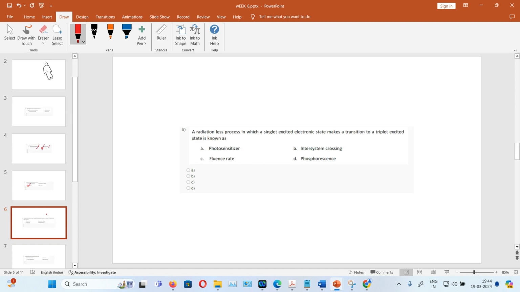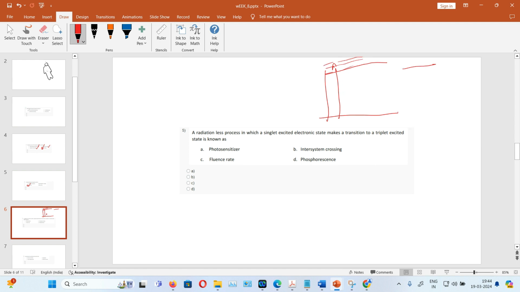Okay. A radiationless process in which the singlet excited electronic state makes a transition to a triplet excited state is known as... We actually discussed that some time earlier. From the ground state, electrons are excited to the singlet excited state during absorption, and from there they come to the lowest energy level of the singlet excited state.